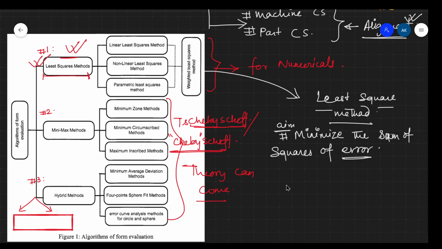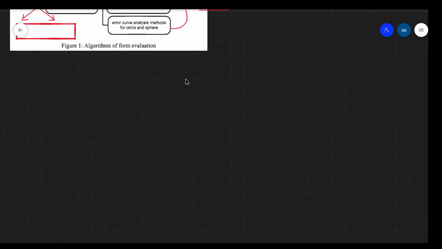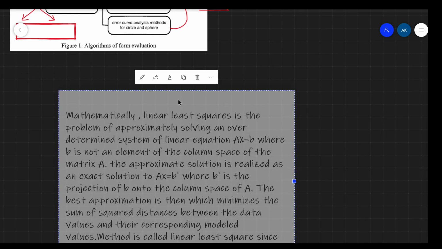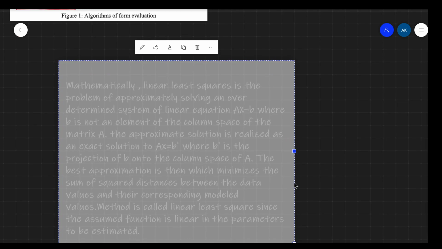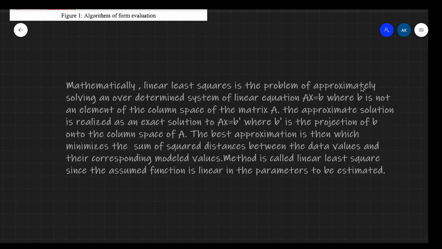If you know linear algebra nicely, in linear algebra also the method of least squares is there.